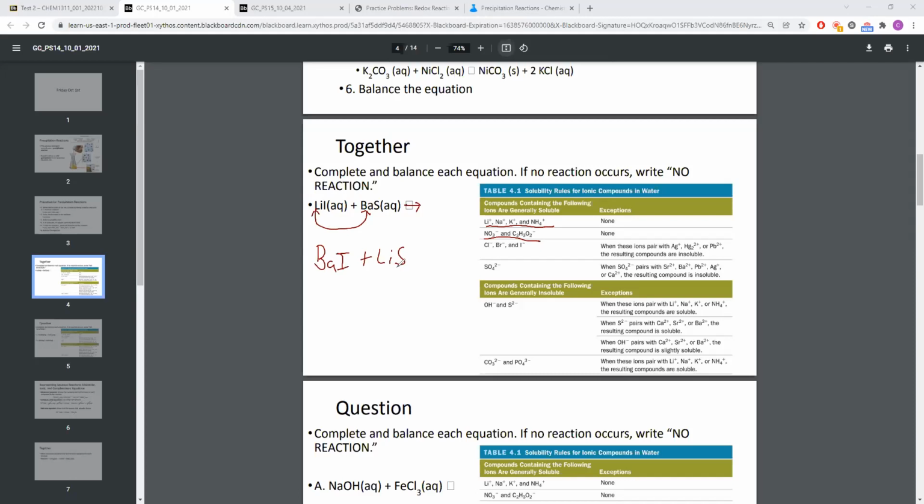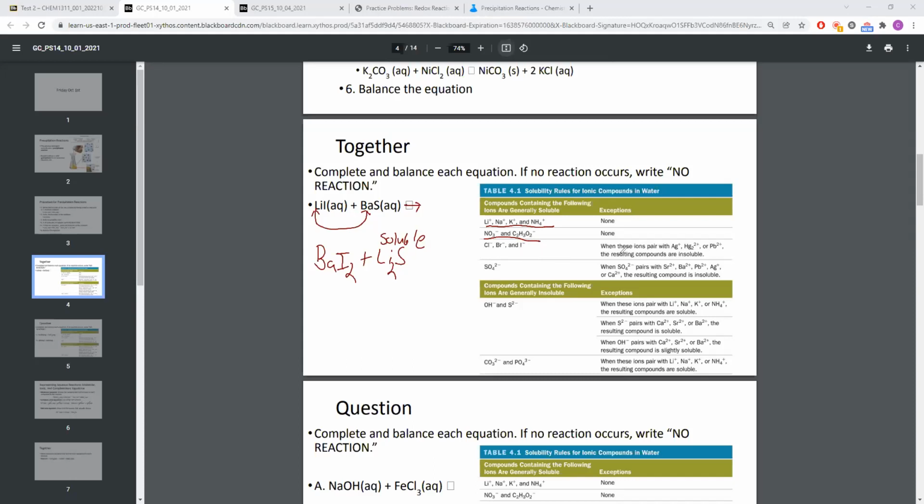And this should be lithium 2 sulfide, barium iodide 2. Are these soluble? Sulfur is insoluble unless it's with lithium, so lithium sulfide is soluble. And iodine is also soluble.